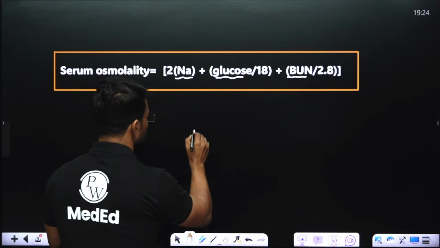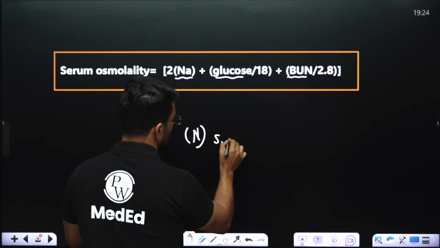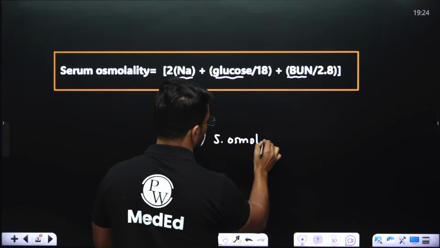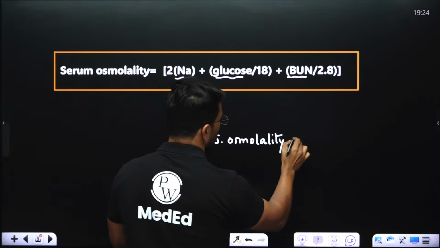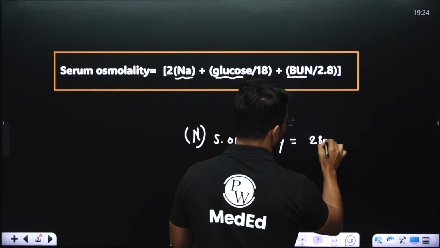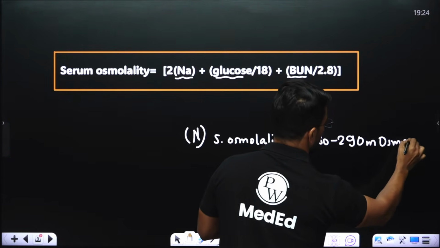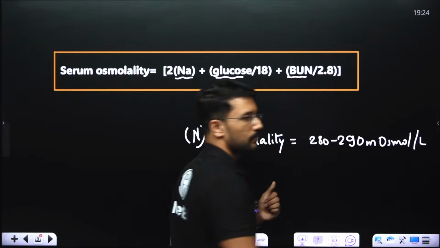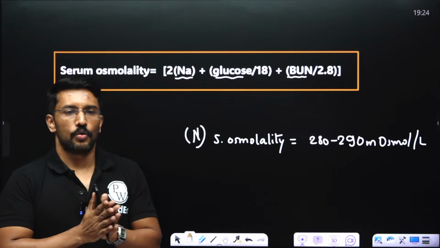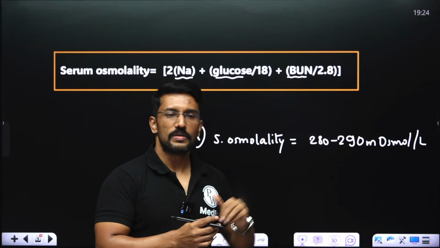What is the normal serum osmolality? Normal serum osmolality ranges from 280 to 290 milliosmoles per liter.